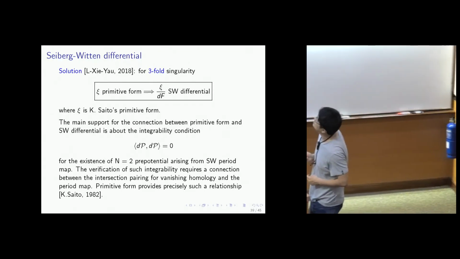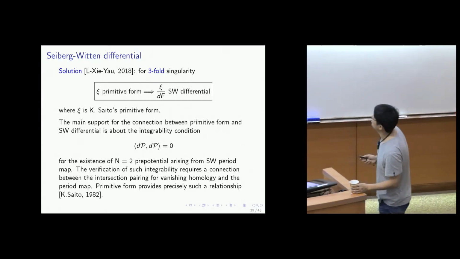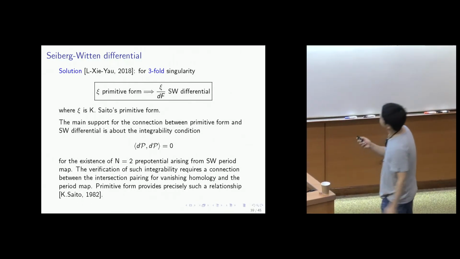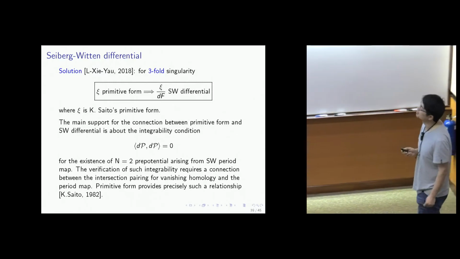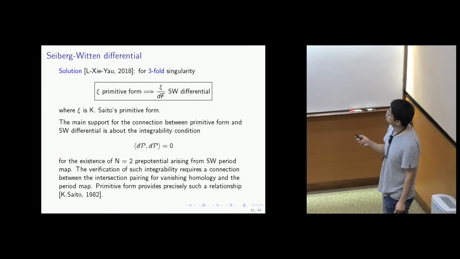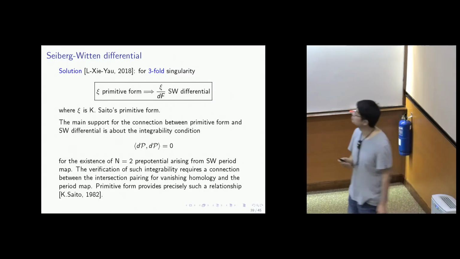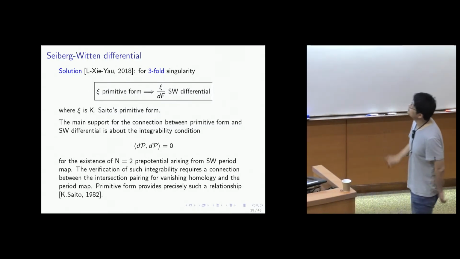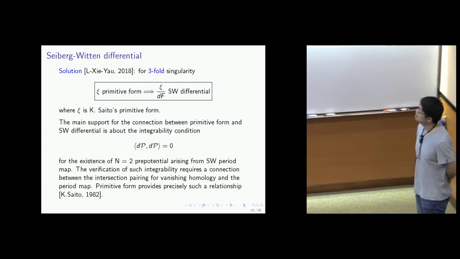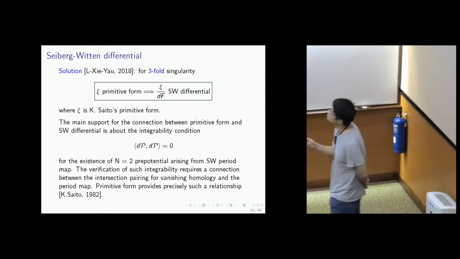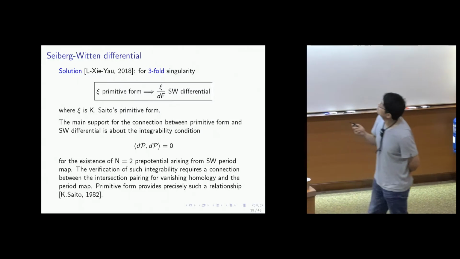It is joint work with Dan Xie and Yau early this year. We find the following: for threefold singularities, if you want to get the Seiberg-Witten differential, you need to use the Saito primitive form. The reason is the following: you want the existence of the N=2 prepotential.